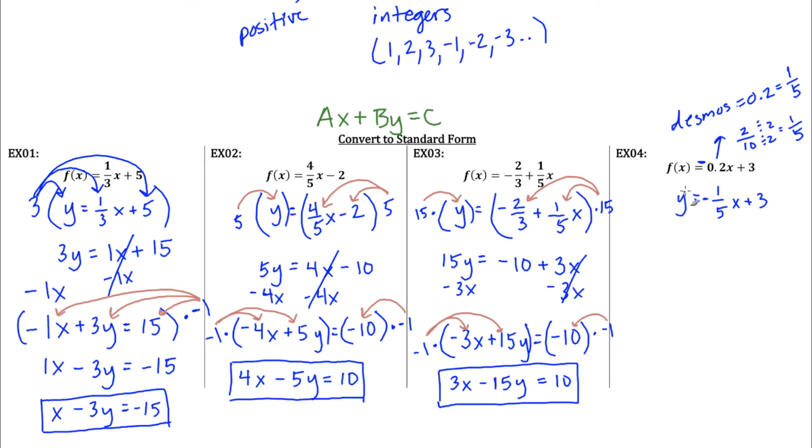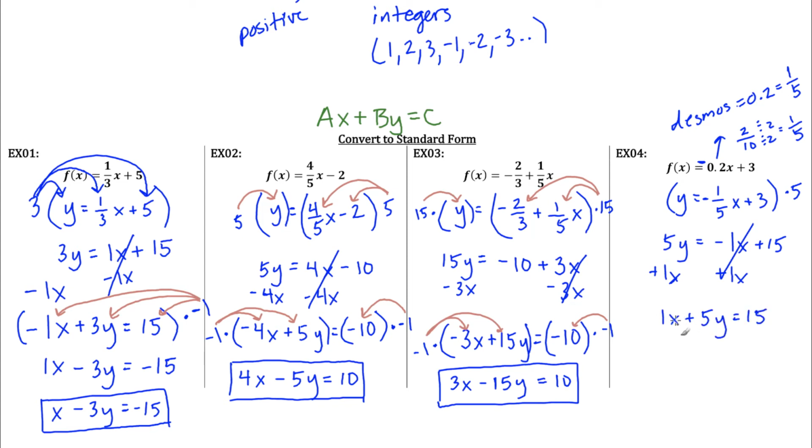So when I multiply everything by 5, we get 5y equals 5 times, well, positive times a negative is a negative. 5 times 1 is 5, divided by 5 is 1. And then 5 times 3 is 15. Now when I move this, I end up with 1x plus 5y equals 15.